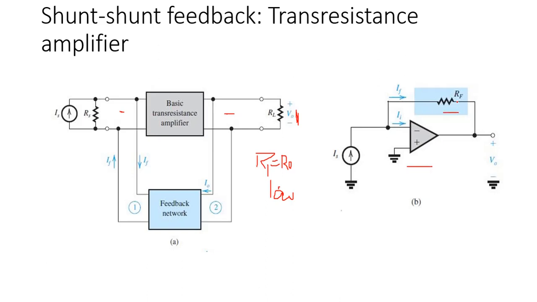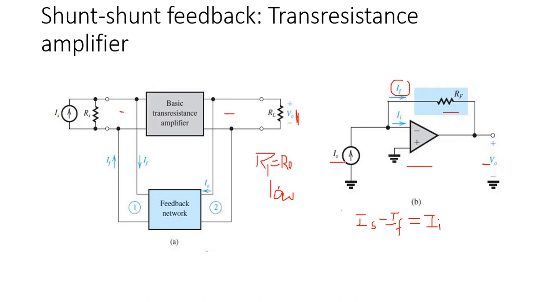The feedback resistance RF senses the output voltage V0 and provides a feedback current IF to the inverting input terminal of the op-amp. IF is subtracted from the source current IS. So IS minus IF will result in the input current Ii.